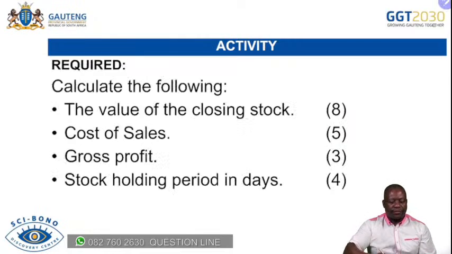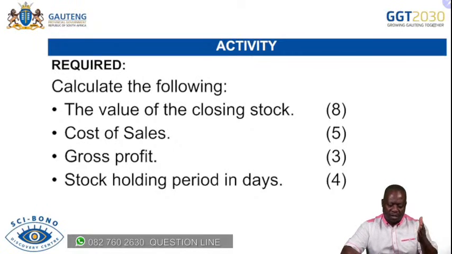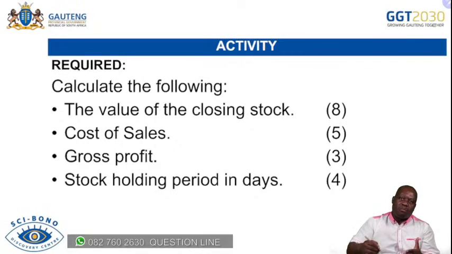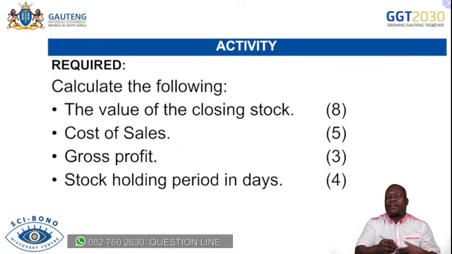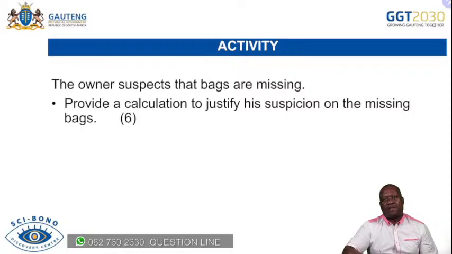Now, what are we required to do? To calculate the following: the value of closing stock first. After that, we are going to calculate cost of sales, gross profit, stock holding period, and that is more universal. So I am going to use this activity to try and help in calculating all those and see where it takes us. Starting with the value of closing stock.